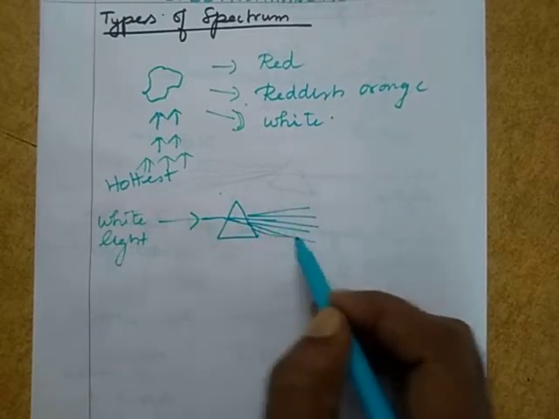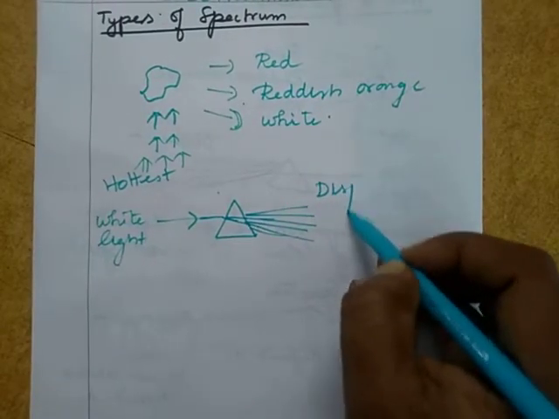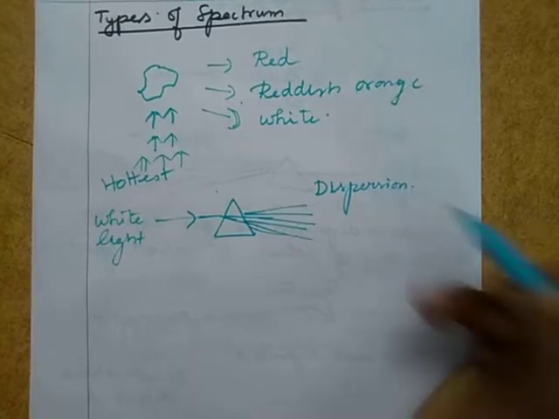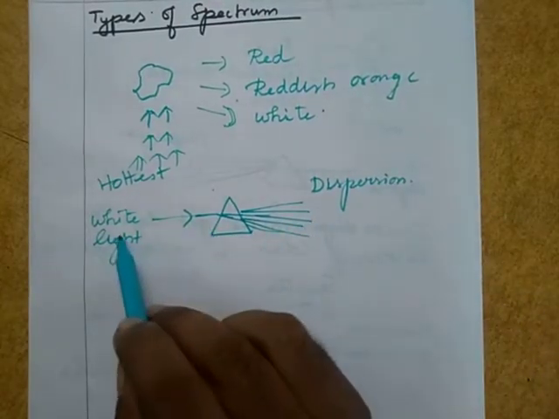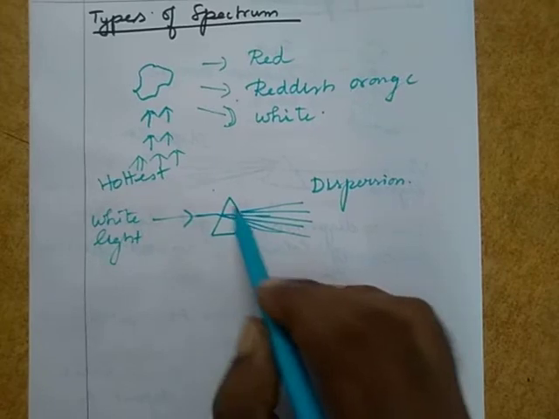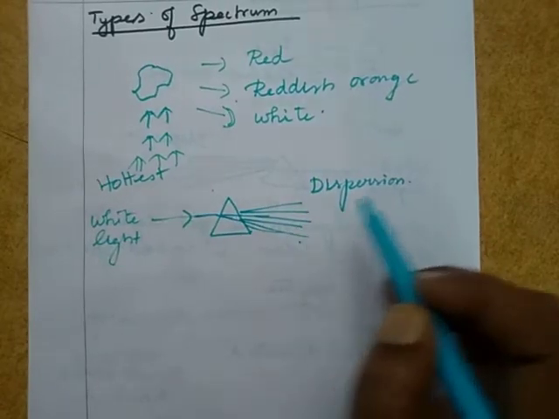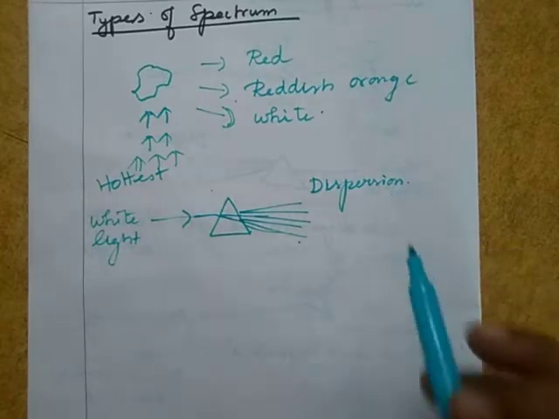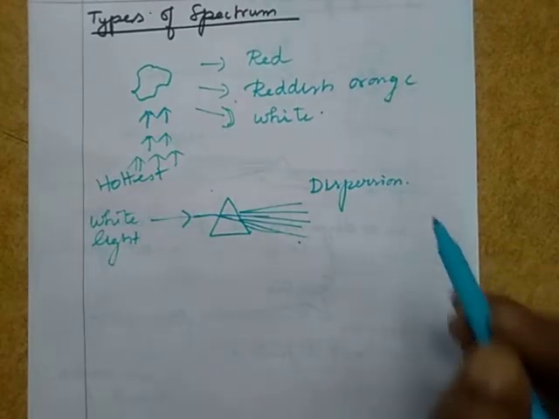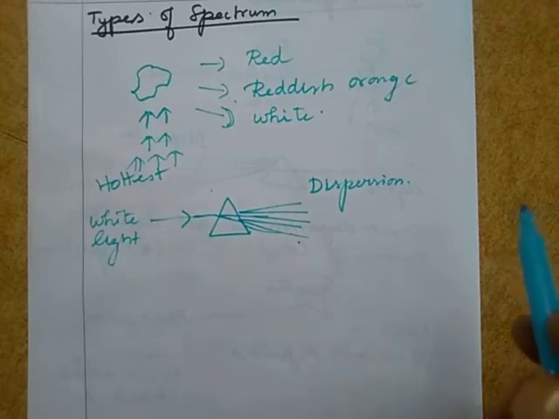This phenomenon is known as dispersion. Due to this dispersion we get a definite pattern of color, that is known as spectrum.